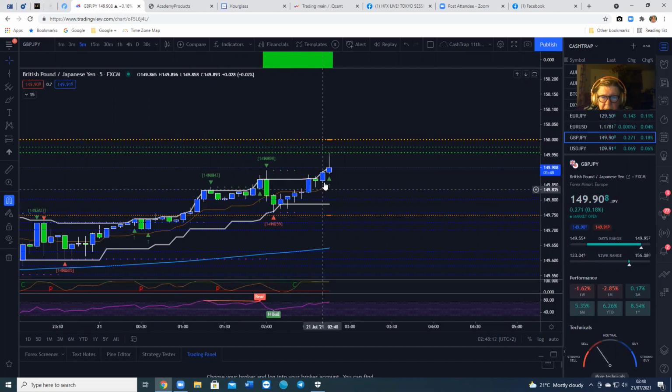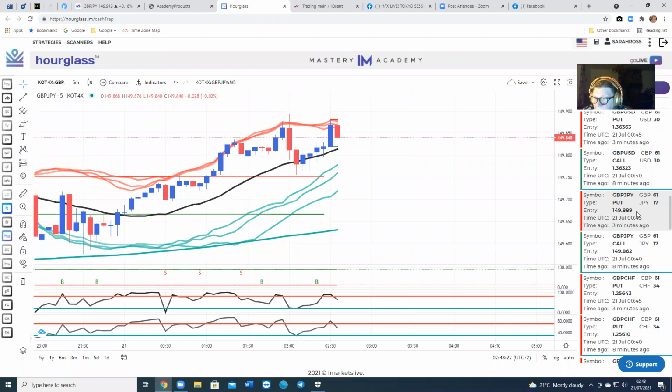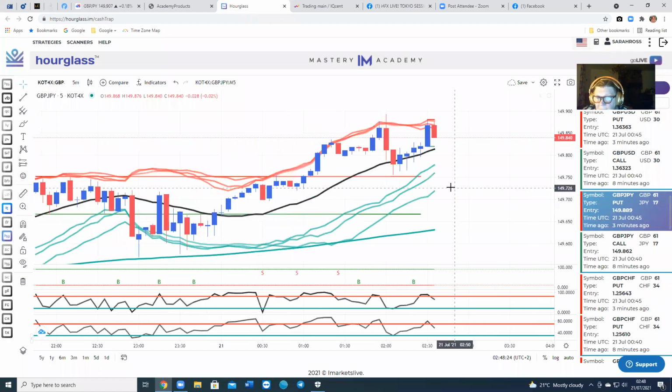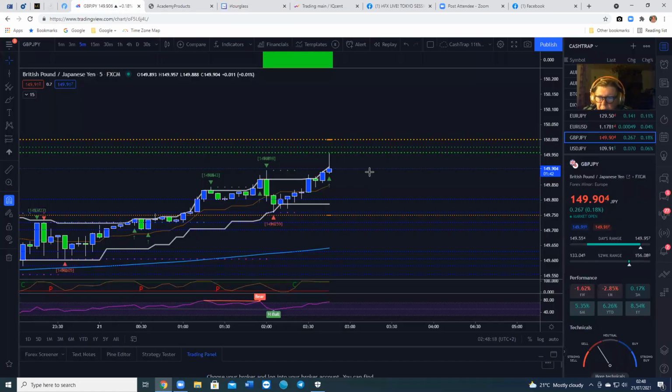Hidden bull here, just wicking off that level. 9.10 gave us a put. 61 to 17, it gave us a put. Our lower level is 819. There, that line there. That's a big wick coming down there.